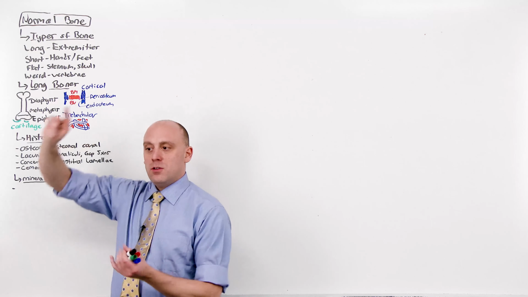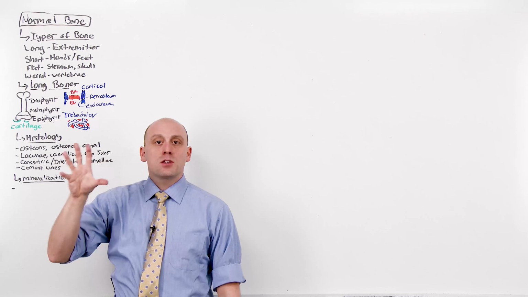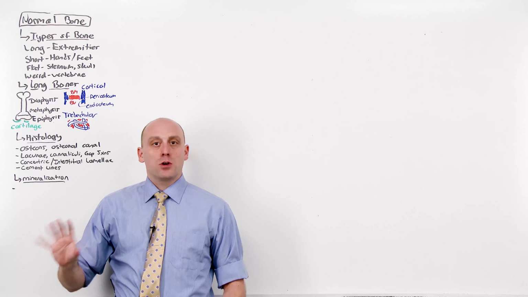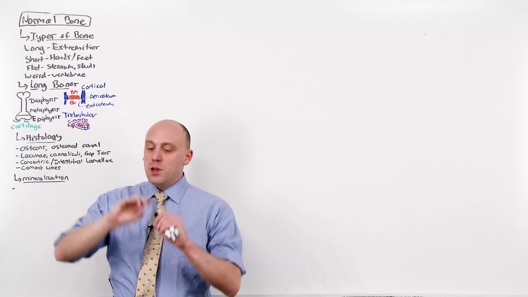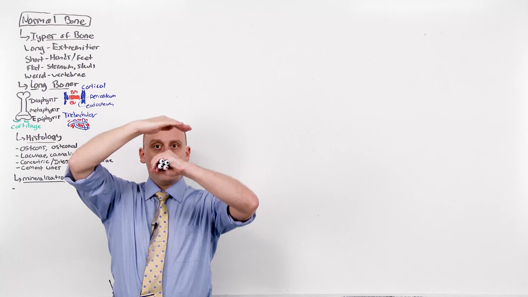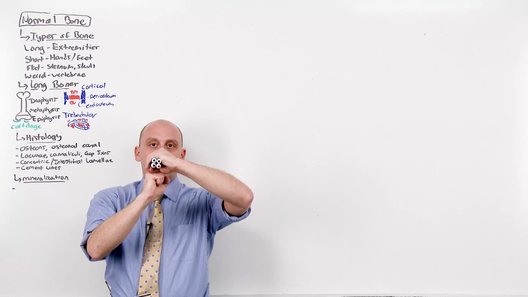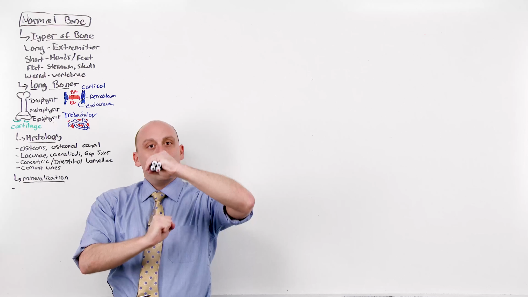A single layer of cells are all going to release a proteinaceous material called osteoid. That's going to push the cell that's making it away from the edge of the cylinder, and the cells that are near it away from the osteoblast.